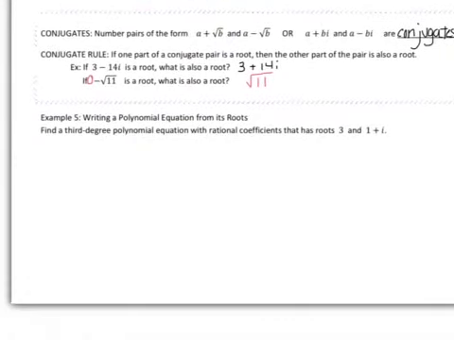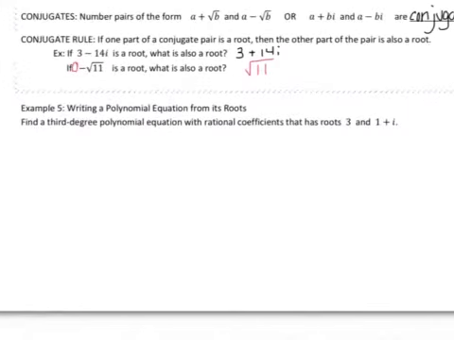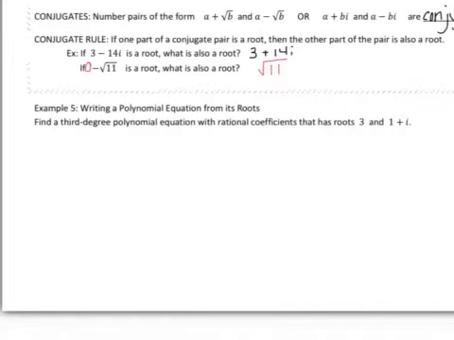All right, one last problem, simple concept but a little long. So we have a third degree polynomial equation, so that means it's got 3 zeros, with rational coefficients that has roots 3 and 1 plus i. So what is the other root? 1 minus i. Now we need to actually find the polynomial equation.